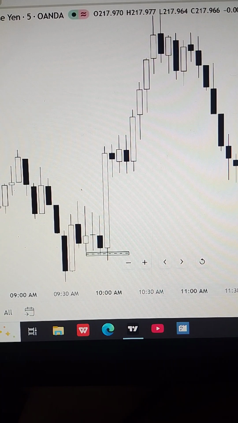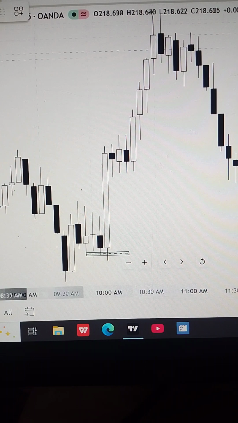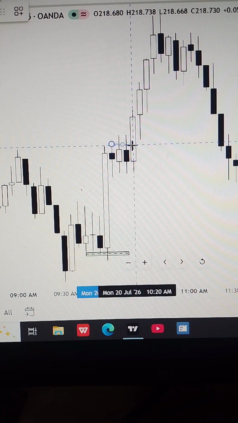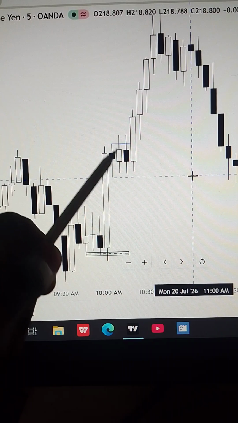That is a resistance, so we mark this as our resistance. This candlestick, green followed by red, is a resistance.